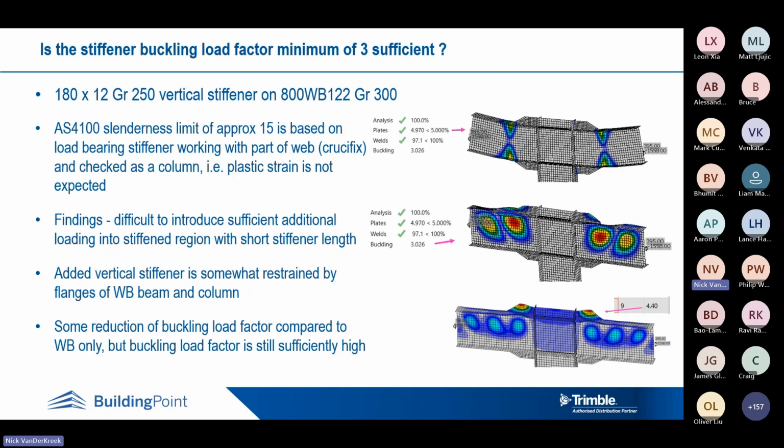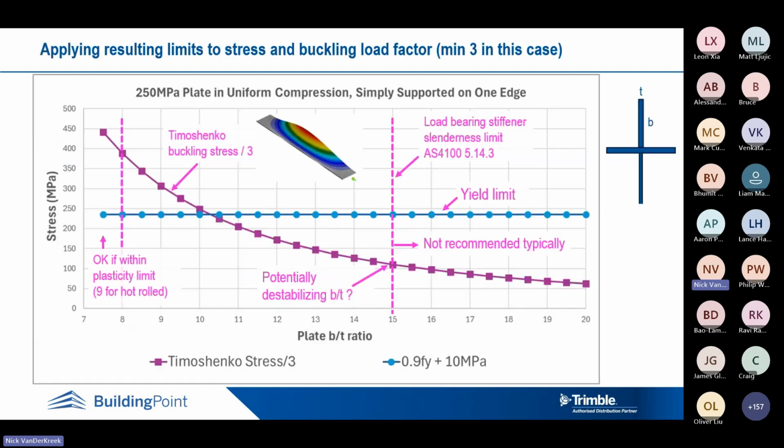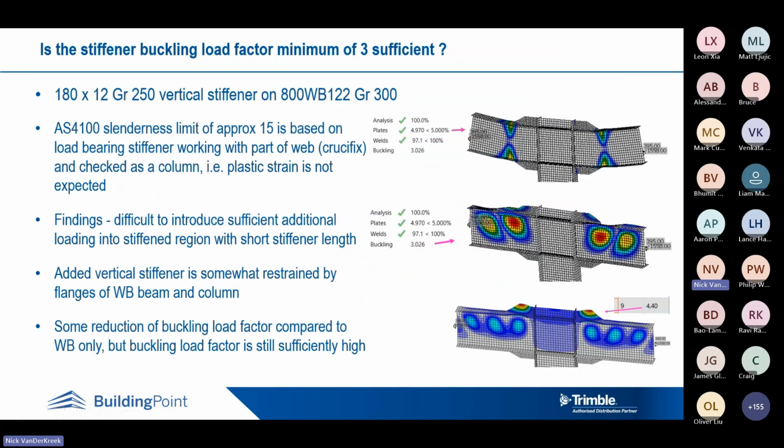So even though on first appearances, anything above about 10.5 up to 15 might have looked like the buckling wouldn't allow some yielding, when you put all of the items together, it seems to be that things are fine. So this has been taken into account by the look of it in the indicated buckling load factors for stiffeners and flange outstands and this sort of thing.